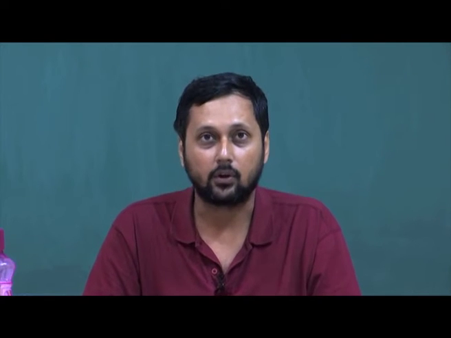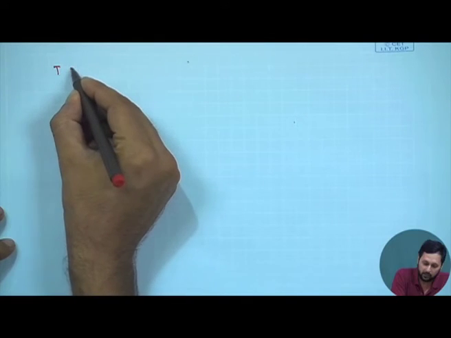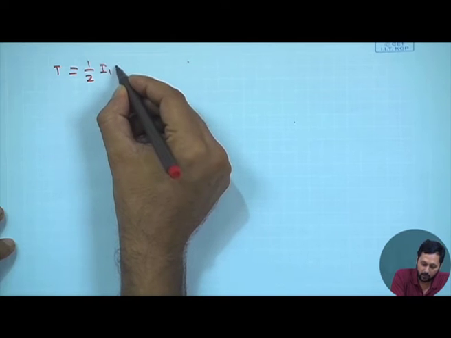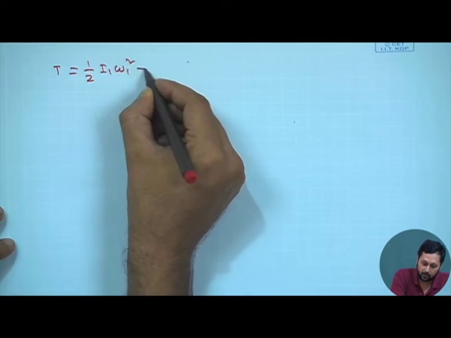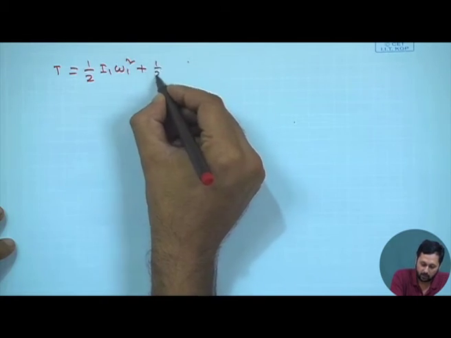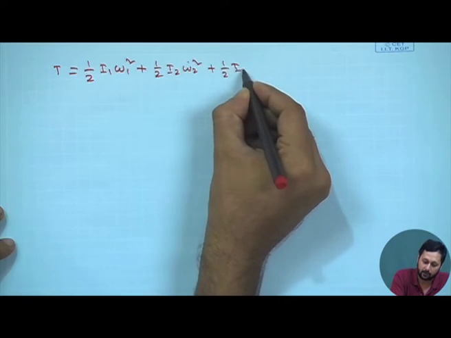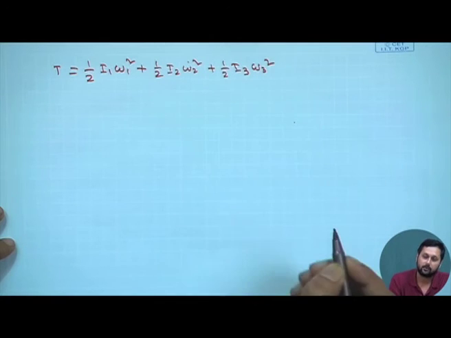When we resolved this n dot I dot n in a principal frame of reference, all the cross terms vanished. So, in that particular frame, the expression for T will be simply half I1 omega 1 square plus half I2 omega 2 square plus half I3 omega 3 square, right.